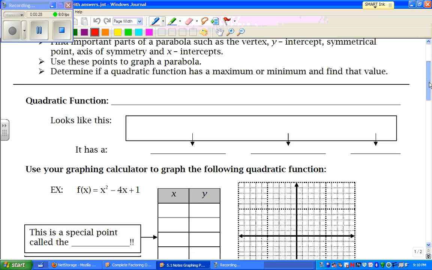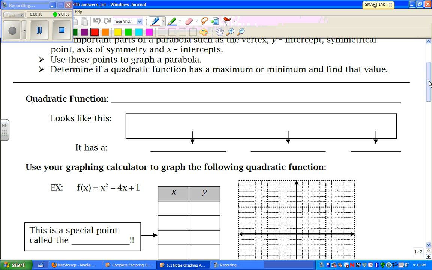Alright, quadratic functions. We talked about these. What makes something quadratic? We said anything that has a degree of 2. What that means is that the biggest exponent is 2.